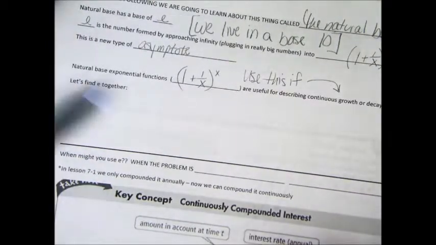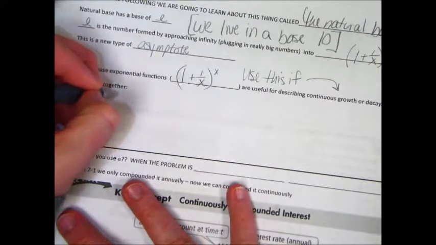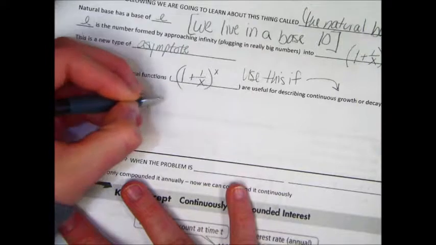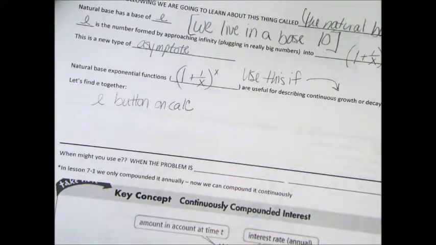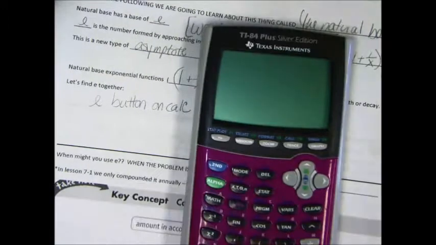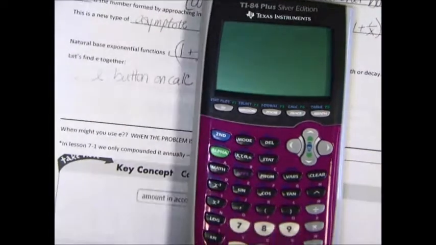Now, I said let's find e together. Long story short, there is an e button on your calculator. And this gives you the value of e to the first power. Let me go grab a calculator. Okay, the e button is if you hit second ln.